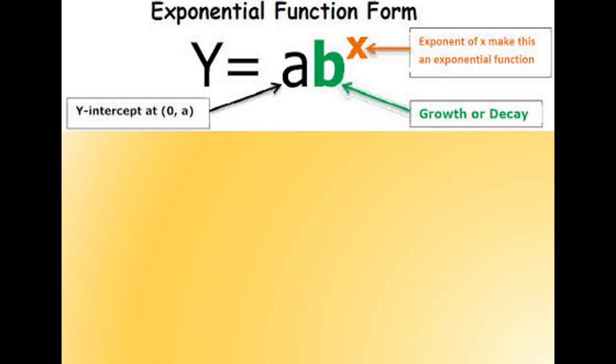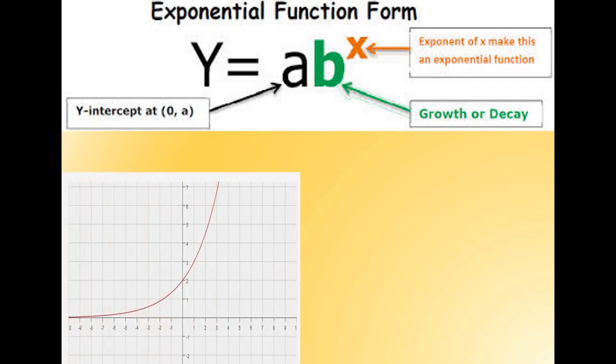Again, you're going to see that in just a sec. Whatever number b is going to tell me if it's growth or decay. And again, you're going to see an example of each one of those momentarily. And then obviously the value for x right here is going to change based upon what your equation is and what your values are.